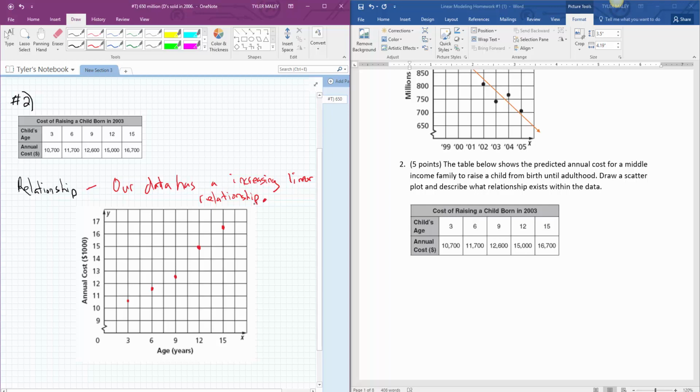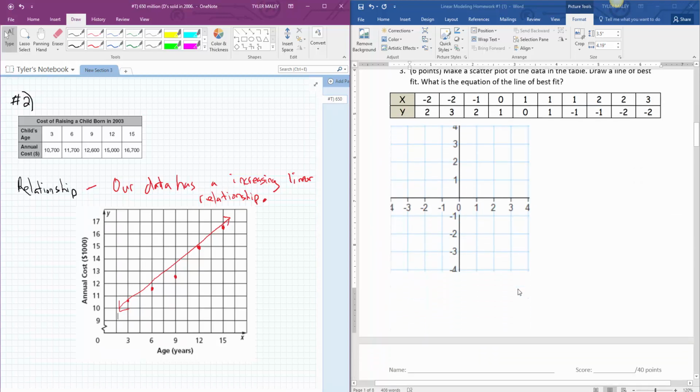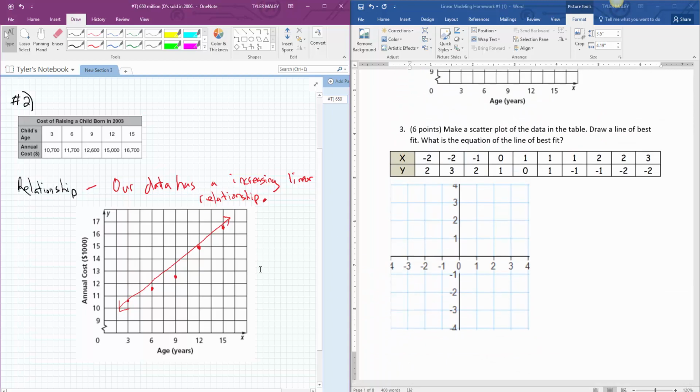You could say something like that. Or we have positive linear correlated data, something to that effect. All that's meaning is that if I were to draw my line of best fit, I'm going to have a positive slope, or we call that an increasing function. So my y value seems to be increasing as x is increasing. So we got number 2 done, and then we'll look at number 3.